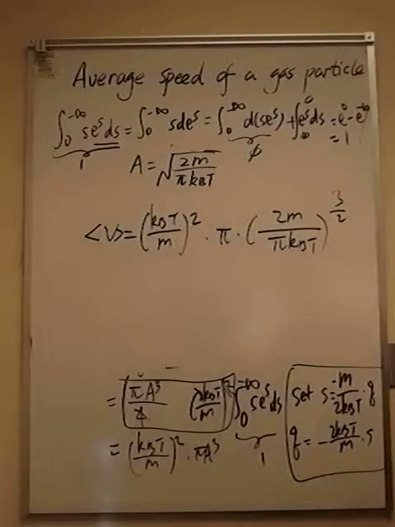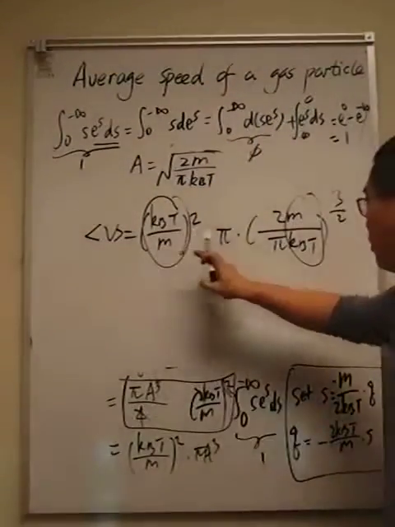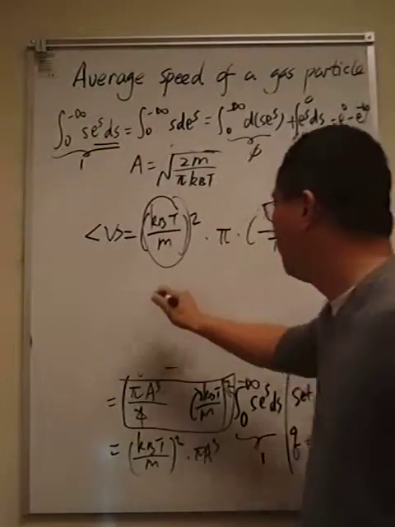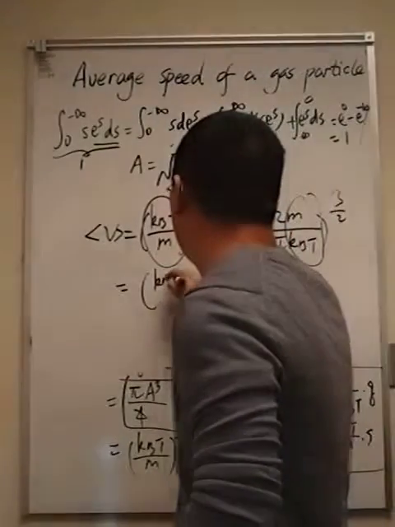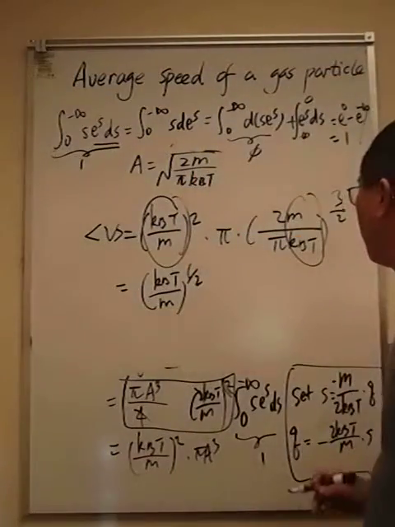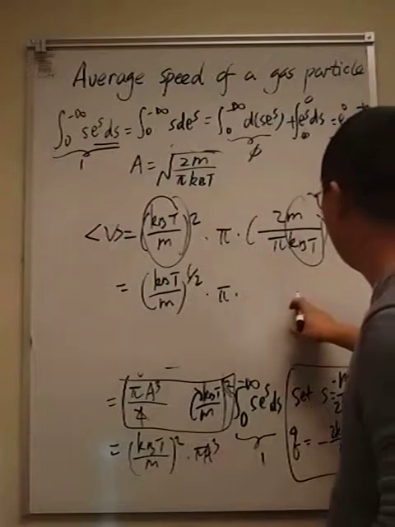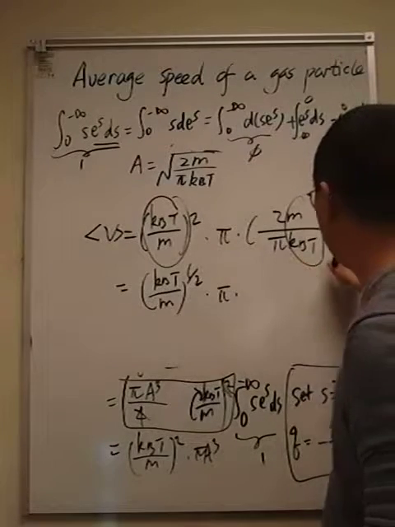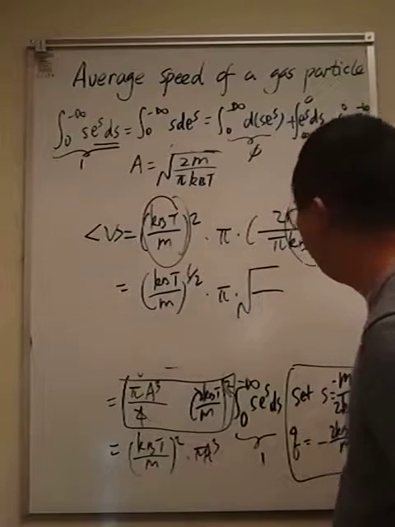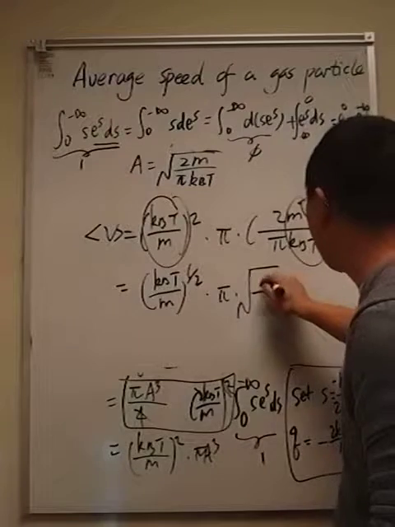Alright, so pay attention to this guy and this guy. They are inversely, well, they're just the inverse of each other. So basically it's just 2 minus 3/2. And then times pi times, well, over here you got the square root of 8 to the power of 3, that's 8.